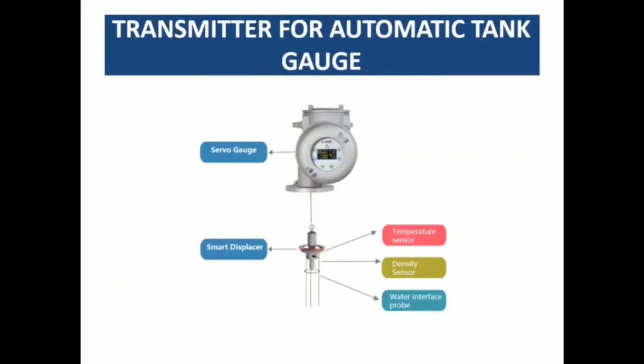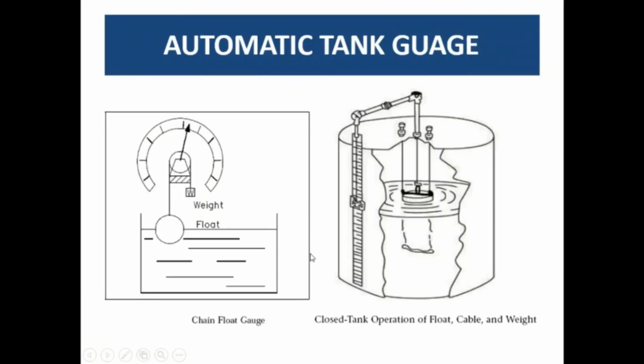These tank gauges can be converted into transmitters as well. This is a very good advantage of using this type of automatic tank gauge. You just need to add this smart displacer and attach it to a digital component, to get the information about how this tank pointer is moving. Okay, you need to attach this smart displacer to this pointer.